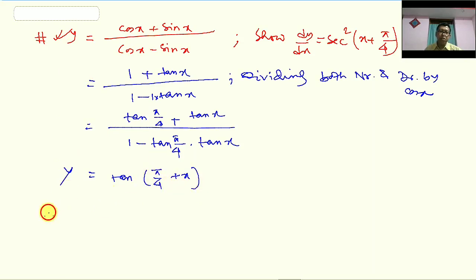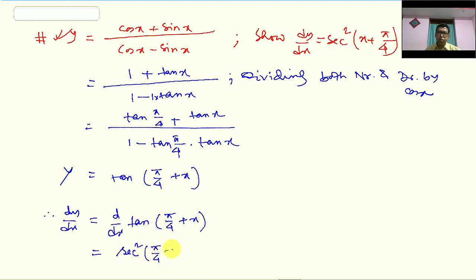Now differentiate. dy/dx is equal to d/dx of tan of pi upon 4 plus x. What is the derivative of tan? Its derivative will be sec square of the angle pi upon 4 plus x into the derivative of the angle pi upon 4 plus x.